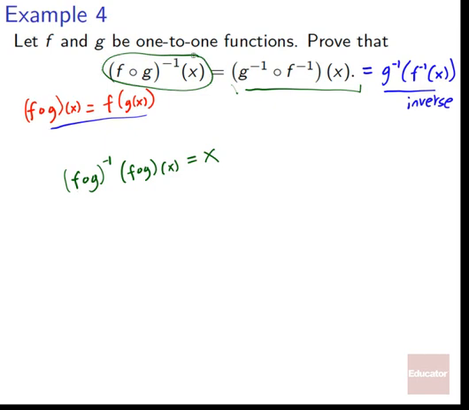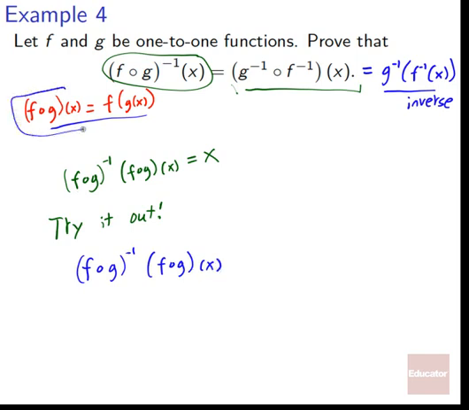So let's just try it out. We'll set it up like this. F composed with g inverse acting on f composed with g acting on x. Okay, so what does that become? Well, we know that f composed with g acting on x is the same thing as f of g of x.